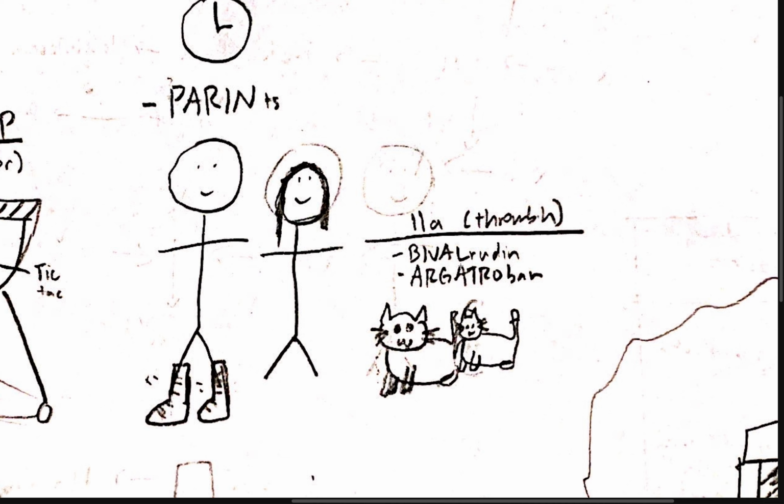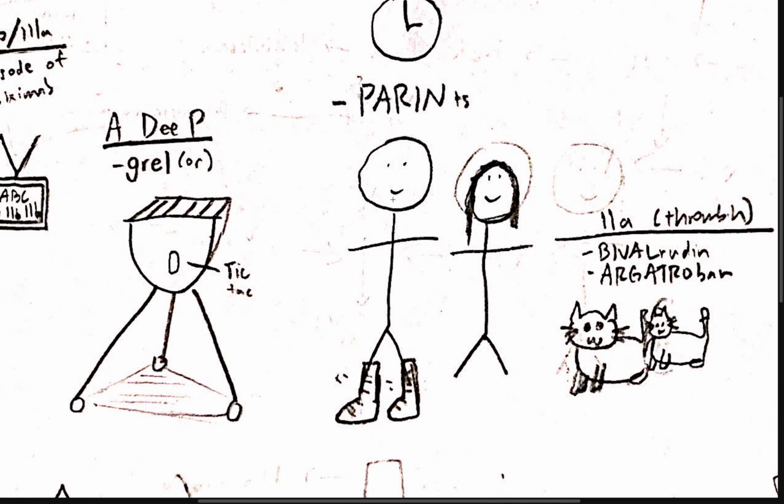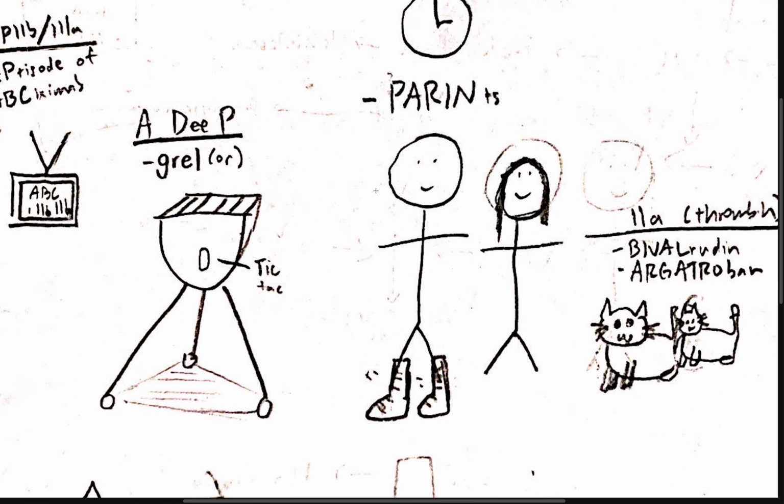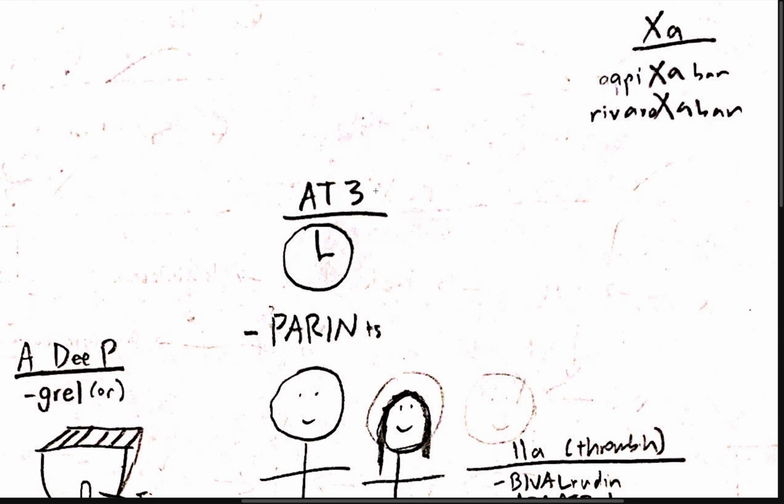How to remember two? Think of bivalent, bivalve. So there's two cats. So it's bivalent argatroban. The bivalent should also help you remember that this is acting on just the thrombin. Also, the parins act on 10 and 2. That's something to keep in mind too.